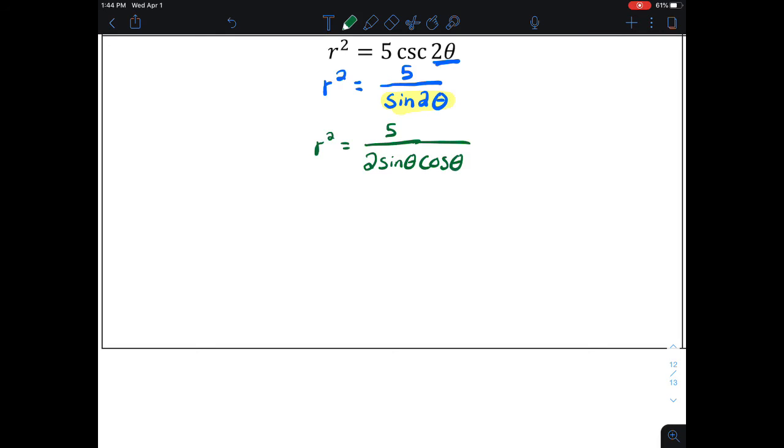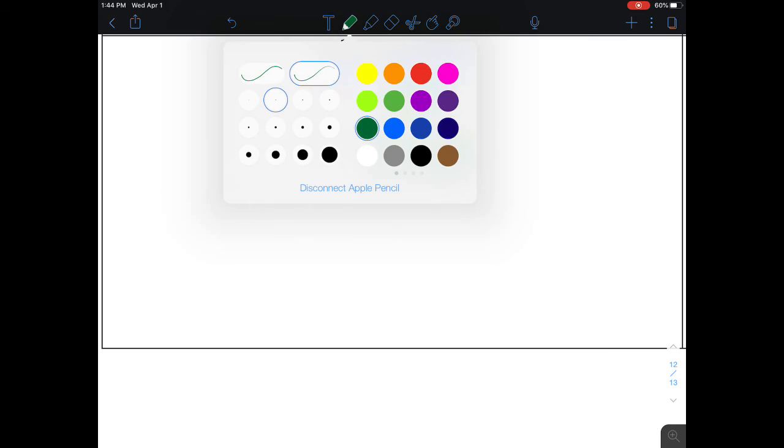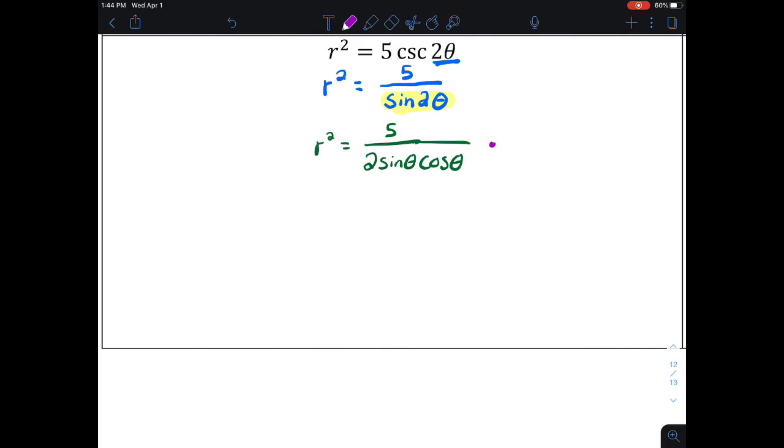Now from here, I would multiply to get my trig functions out of the denominator. You can multiply by the whole thing if we want, so let's do 2 sine theta cosine theta.